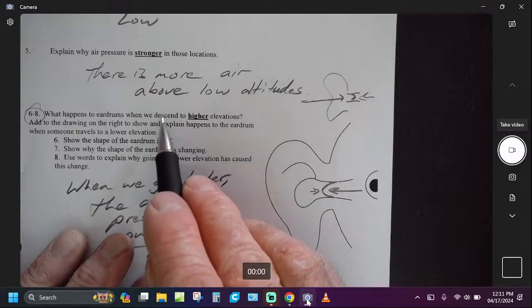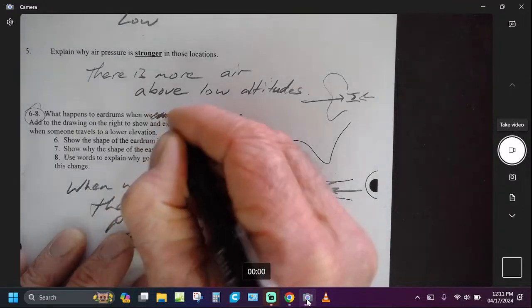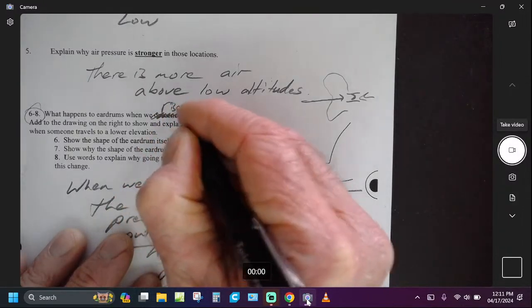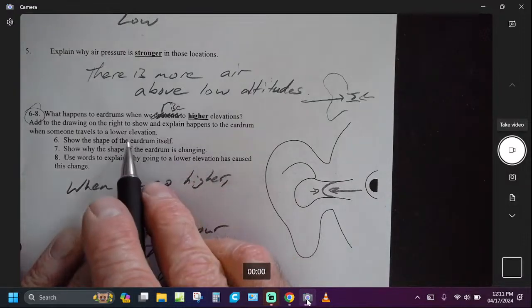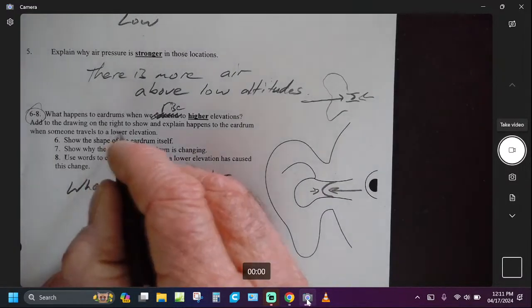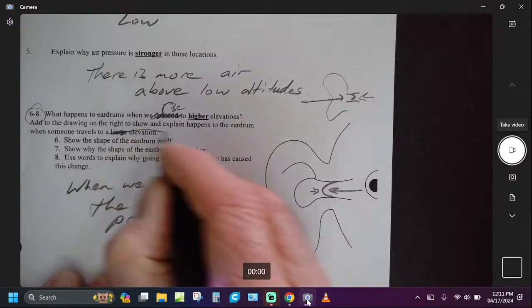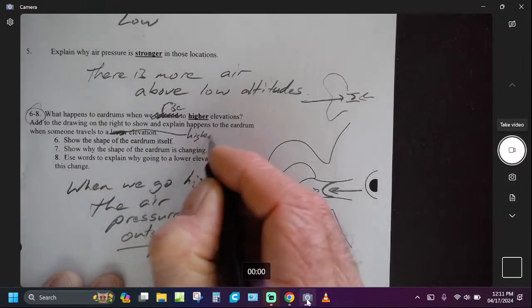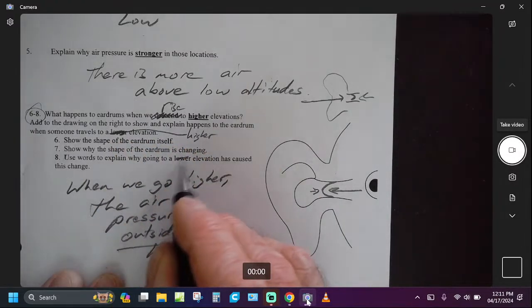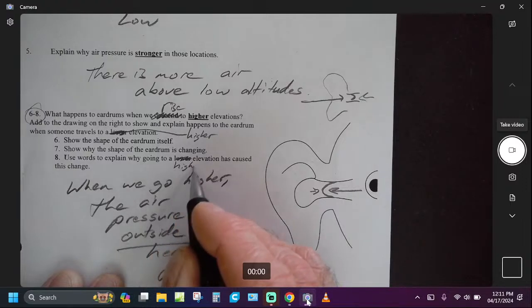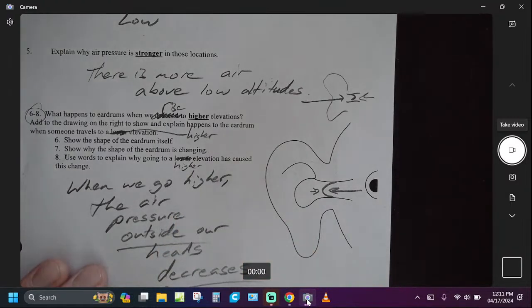This should say when we rise to higher elevations, and then down here it should say travels to a higher elevation, and then it should say higher. That was really bad of me. I didn't do a good job at all.